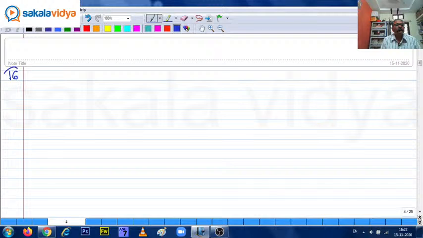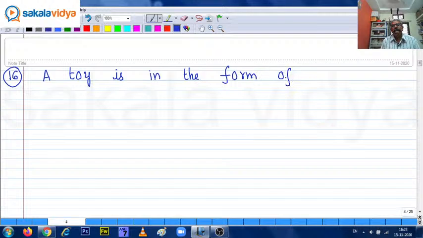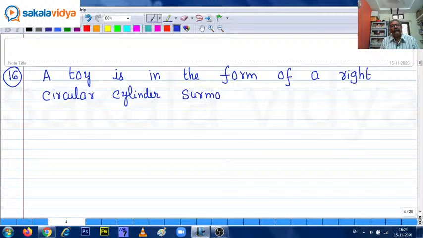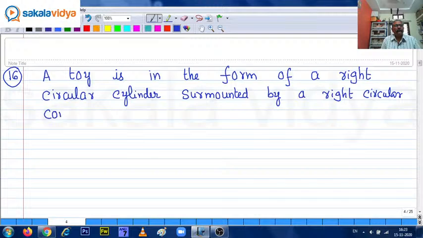16th problem. A toy is in the form of a right circular cylinder surmounted by a right circular cone, as shown in the figure.